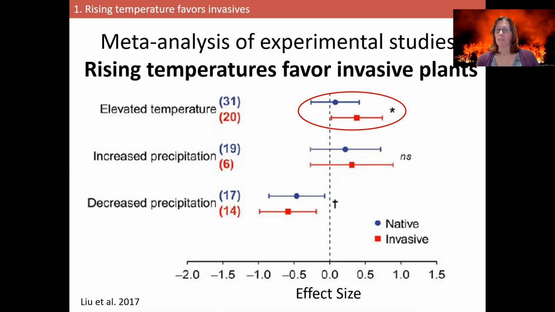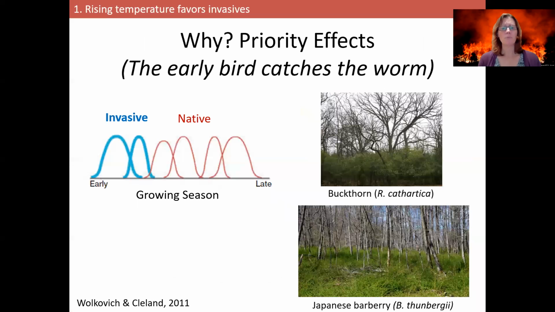This one's not really an intuitive reason why, though. So why would invasive plants be favored with rising temperatures? Well, one main hypothesis behind this is the idea of priority effects. And a priority effect is basically the early bird catches the worm, or the early invasive plant gets all the resources early in the springtime.